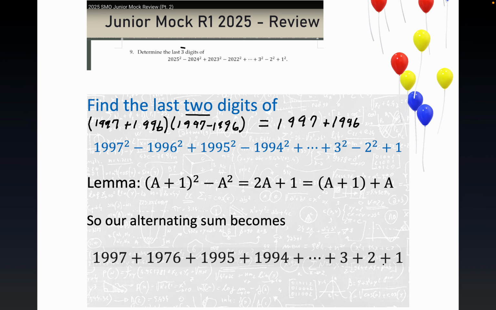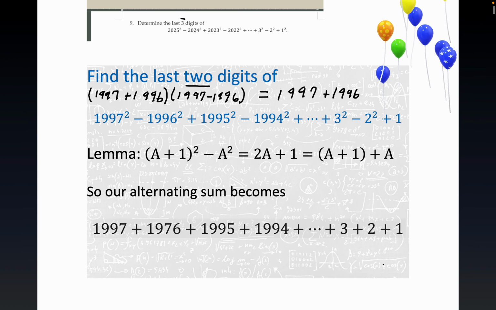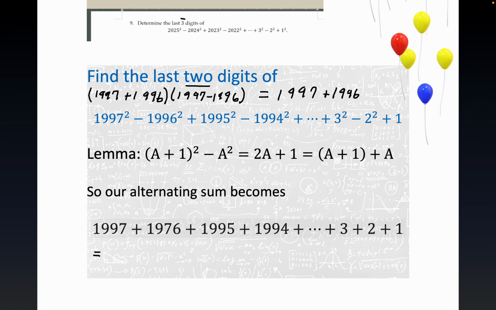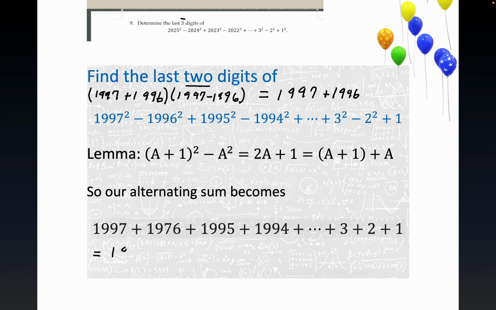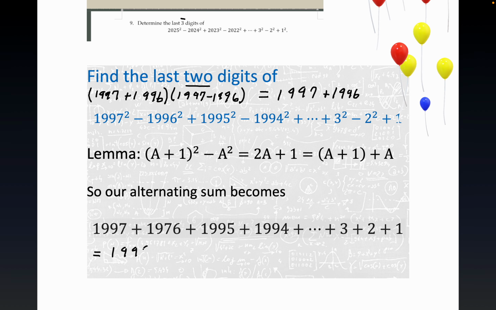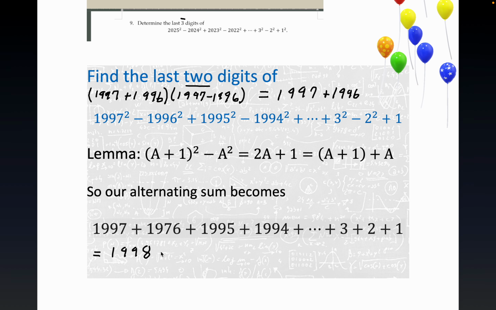Now notice though, this is a triangular number. This is a famous triangular number, and this has a famous sum that's easy to show. This is equal to 1998 times 1997 over 2. Remember, our goal is to find the last two digits.